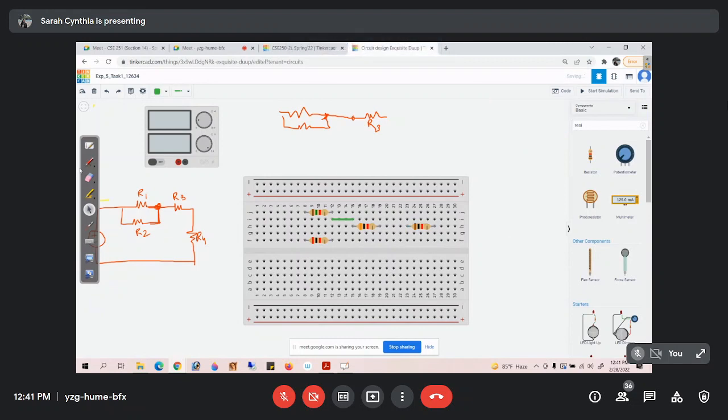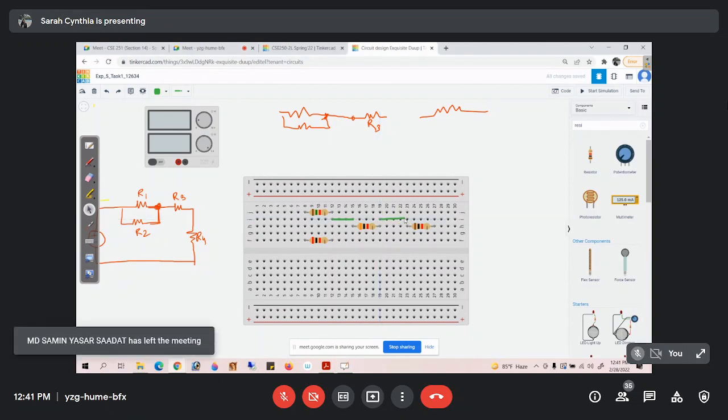Now I have placed R4, but I haven't connected R4 with R3 yet, right? So what do I have to do? Connect the last terminal of R3.